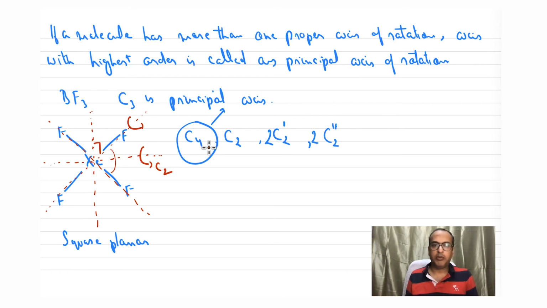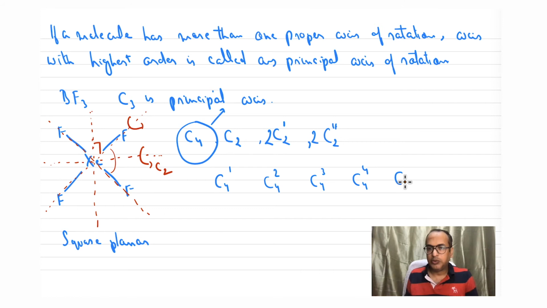Okay, now how many rotations will each axis give rise to? So let's try to work it out as well. So C4 can give rise to C4 once, C4 done twice, C4 done thrice, C4 done 4 times, right?